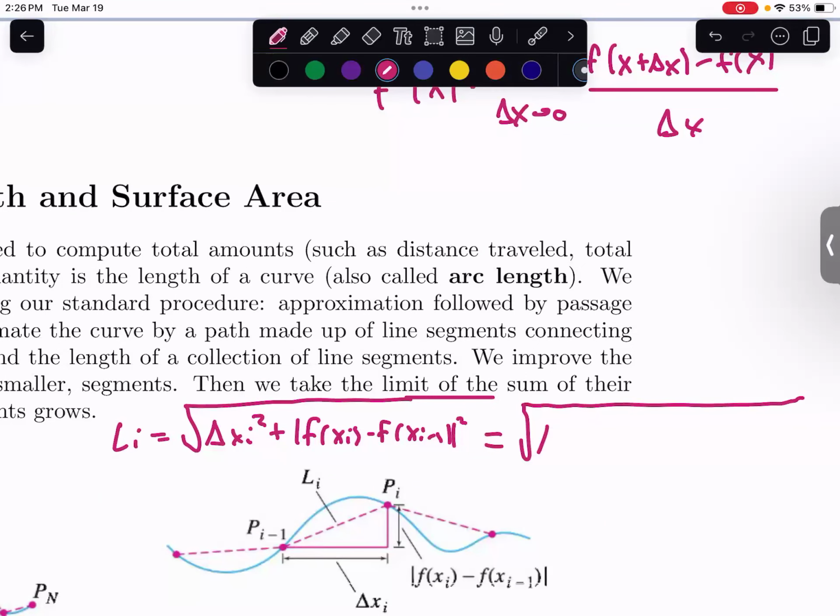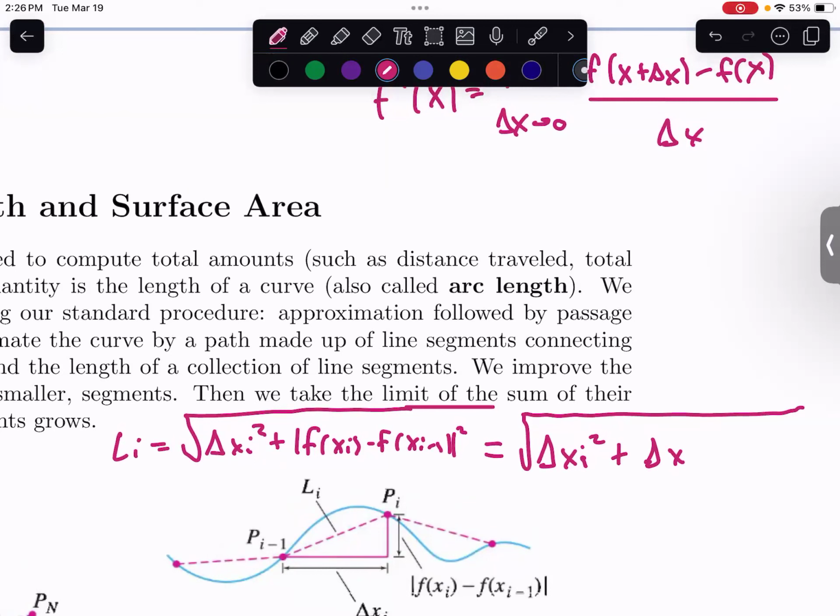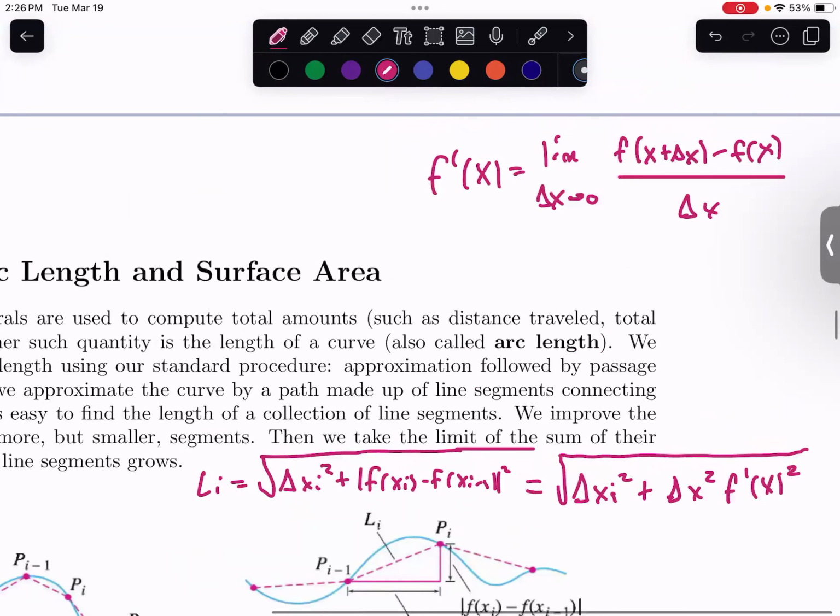So the square root is really delta x_i squared plus delta x_i squared times f prime of x squared, right? Because we are squaring this quantity here.